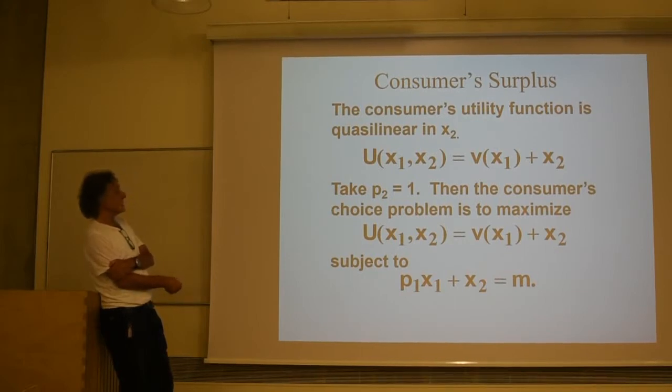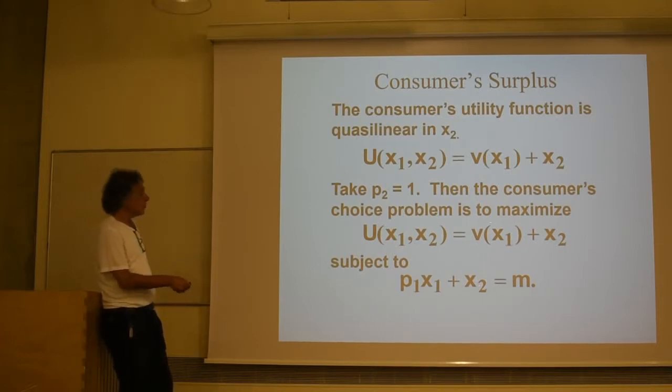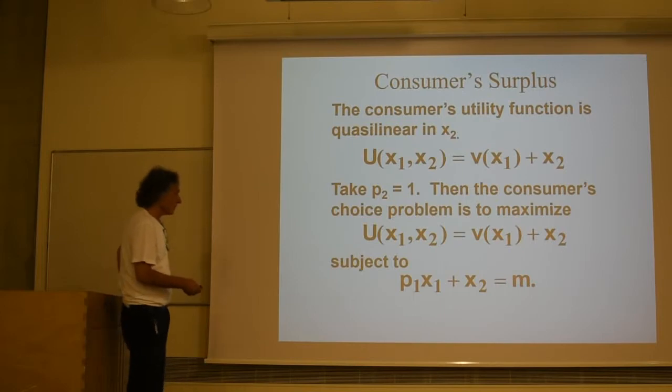Or, in order to maximize, I can say that the marginal utility from x1, the derivative v prime of x1, divided by the marginal utility of x2, which is 1, equals p1 over 1, because the price of 2 is 1. So I get that the demand is v prime of x1 equals P1. Give me P1, I tell you what x1 is. Give me x1, I can tell you P1, but there is no M in it. Nothing. And that's why there is no income effect.